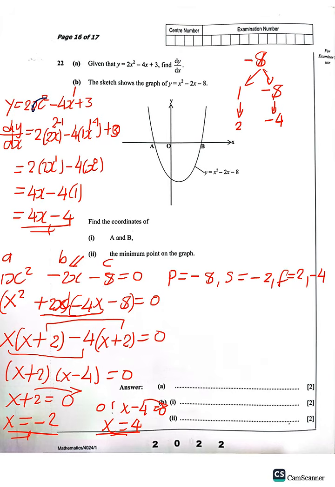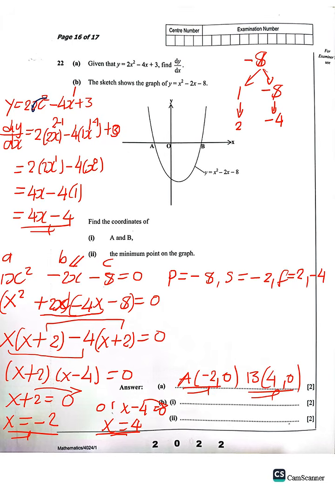So the negative will go with the a, since a is on the negative side. So our a is -2, 0. Then our b is 4, 0.